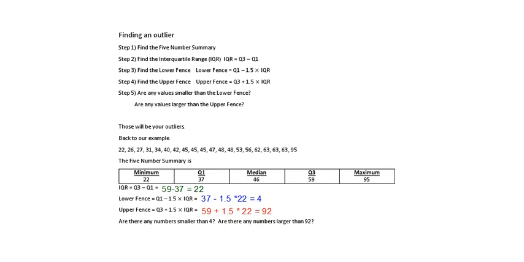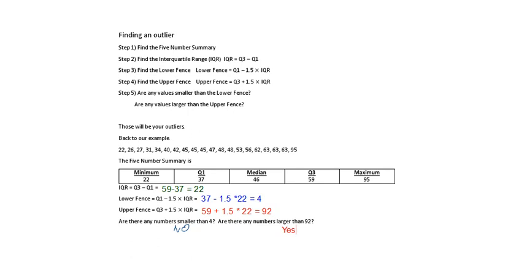Now that we have our fences, we can find our outliers. The lower fence is 4. If you look at our examples, do we have any numbers that are smaller than 4? Well, the smallest number is 22, and that's not smaller than 4. So to answer that question, no. Okay, the next question is, are there any numbers larger than 92?